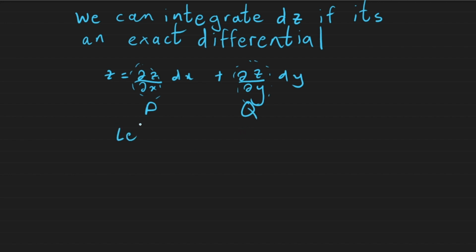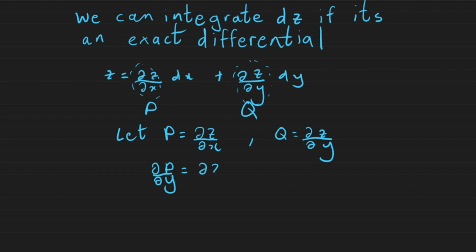So we let p equal dz/dx and we let q equal dz/dy. We now find the derivative of p with respect to y. So what we're going to find is dp/dy, which is equal to the second derivative of z, remember, with respect to x and now with respect to y.